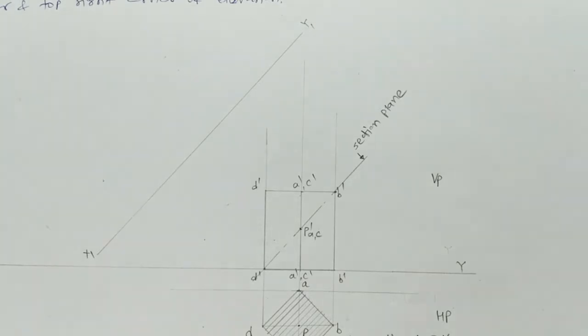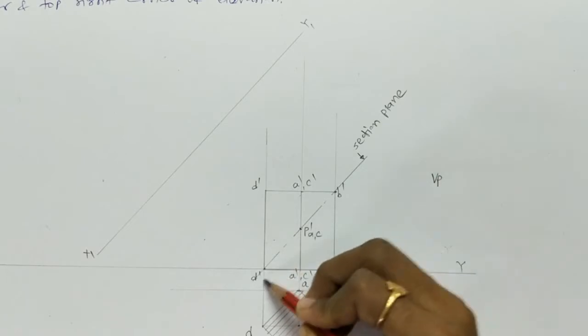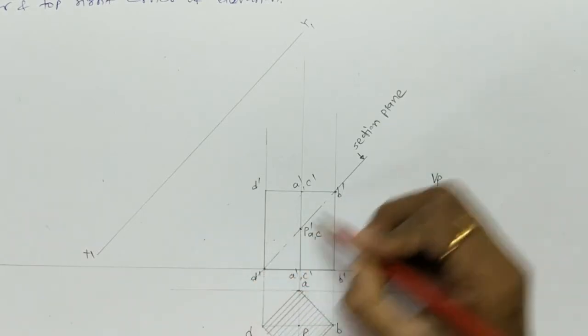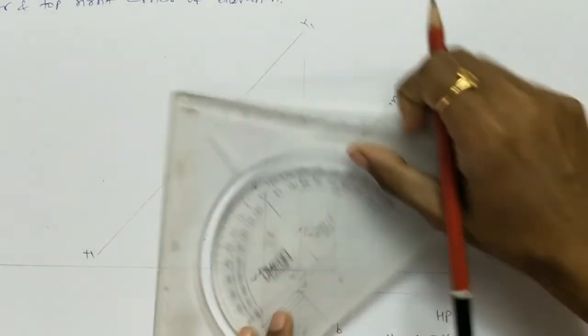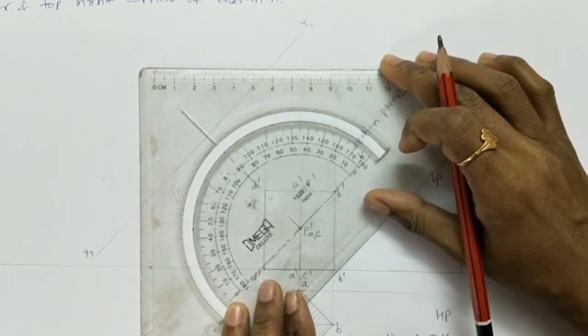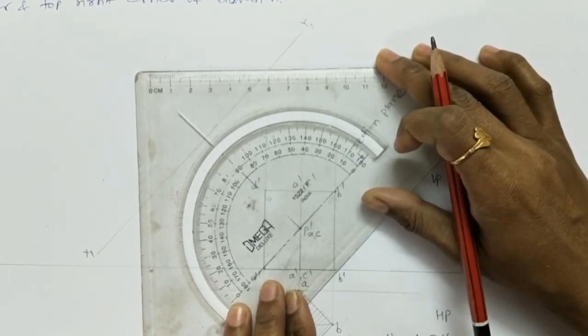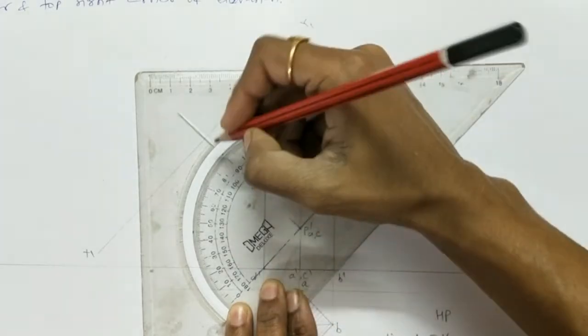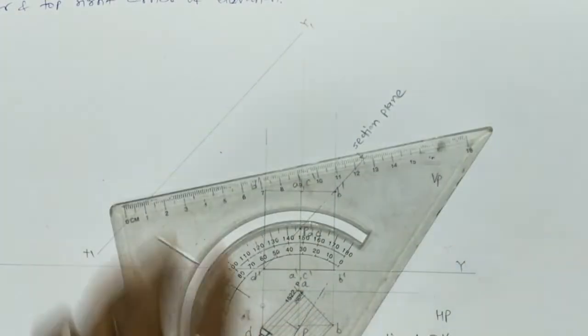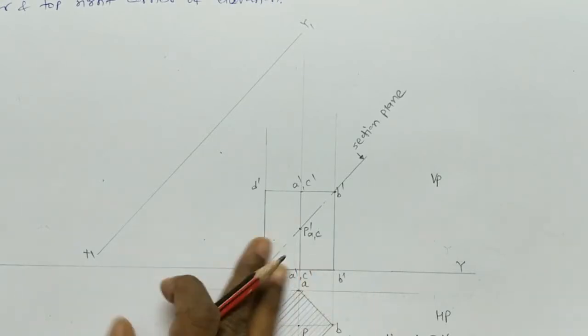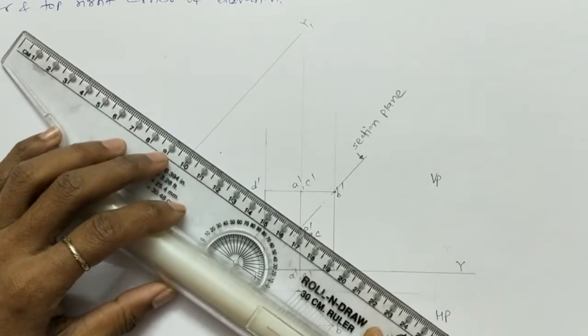Now section plane cuts these 3 points, so draw perpendicular from these points. I have drawn perpendicular from P point.